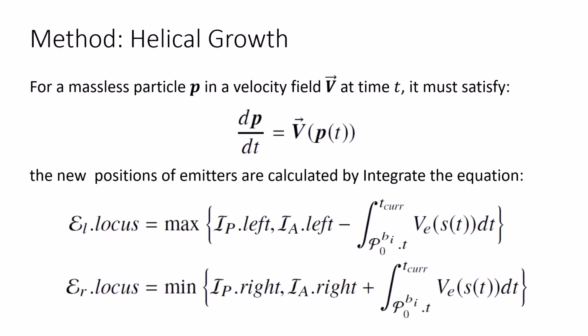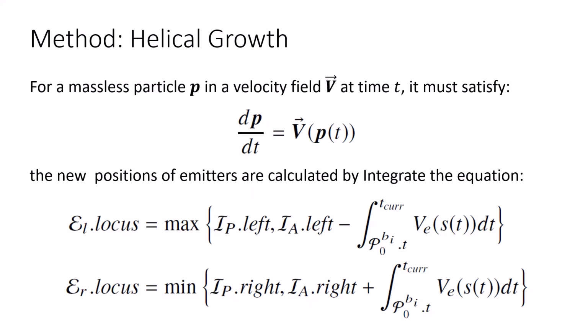About the calculation, for any massless particle in a velocity field at a given time, the time derivative of its position must be equal to the velocity provided by the field at the current time and the current position.